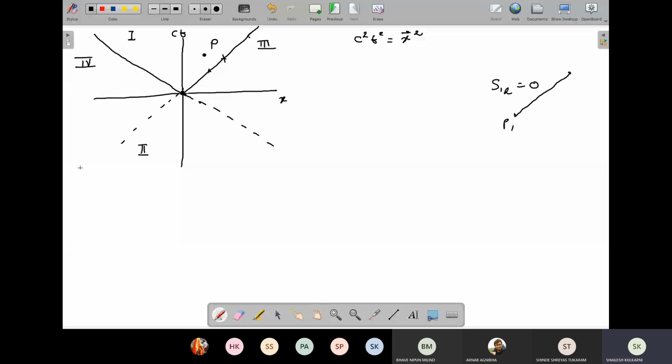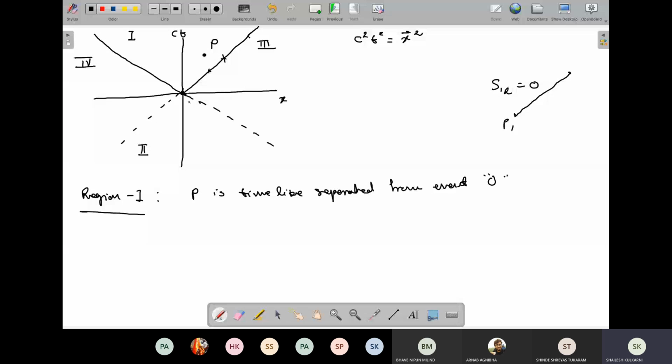In region 1, what is going to happen? Any event in region 1, this p, is time like separated from event o, the origin.